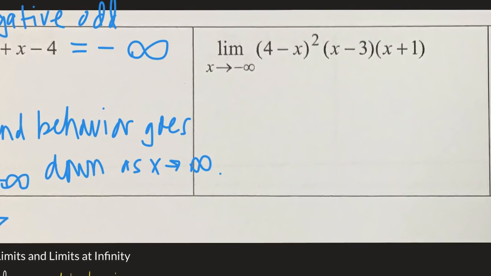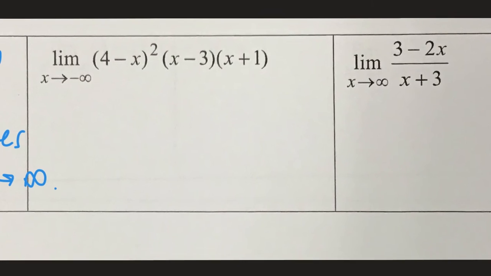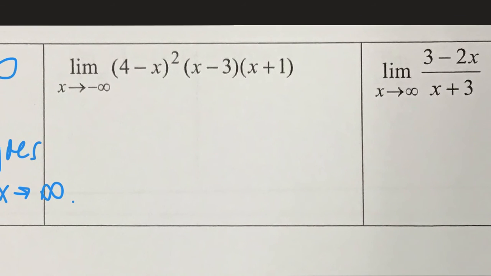Okay, moving over. Here we have another function. Is this even or odd, and is it positive or negative? Let's do some analysis. What is x times x? That's x squared. And how many x's are going to be in here? Also an x squared.